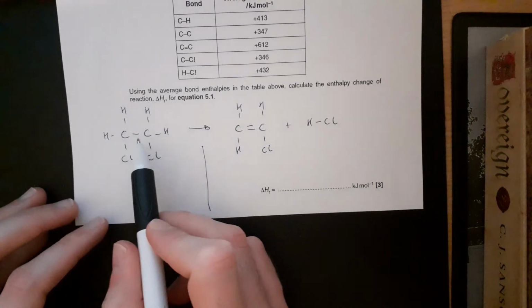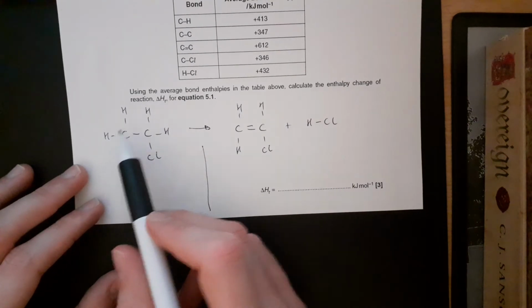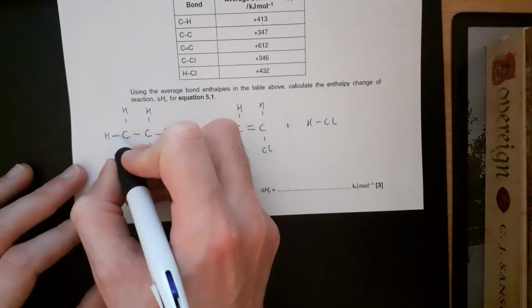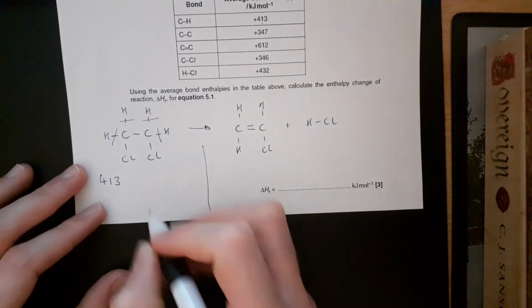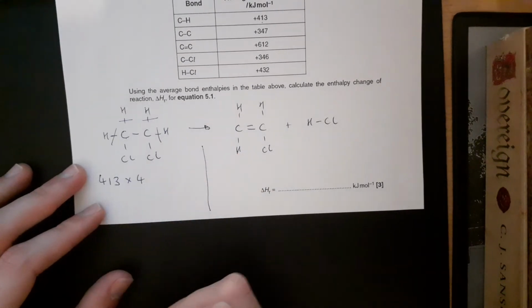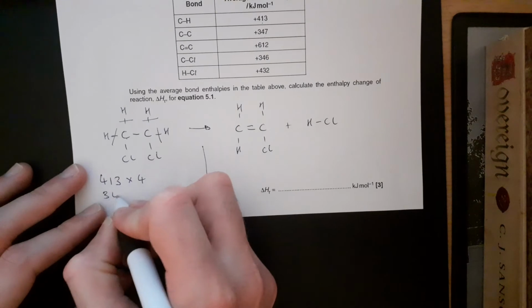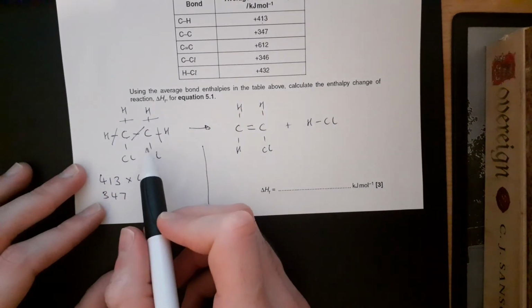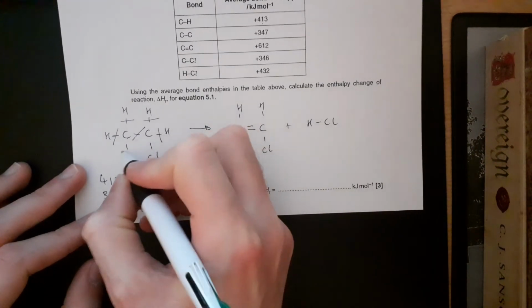So then we're going to add up all the bonds we've got on this side. So we've got CH bonds, which is 413. And we've got 1 there, 2, 3, 4 CH bonds. So 413 times 4. Then we've got the CC bond, which is 347. And then we've got CCl bonds twice, so it's 346 times 2.